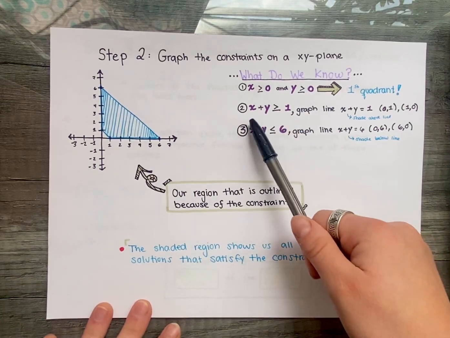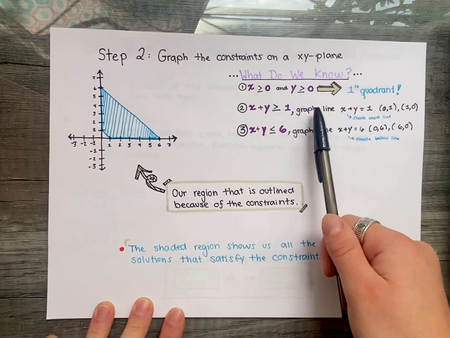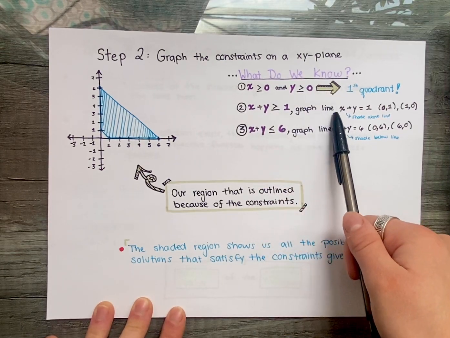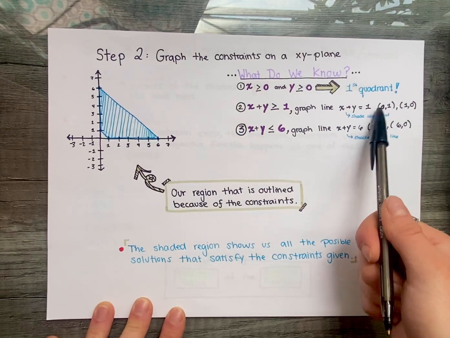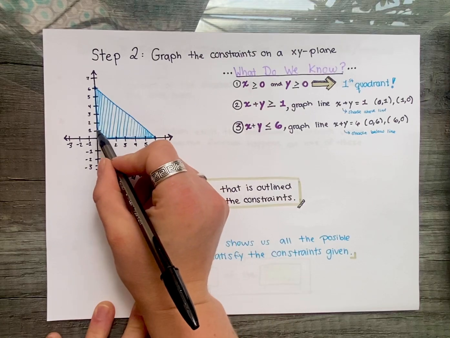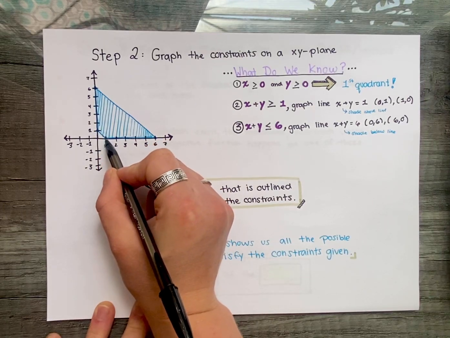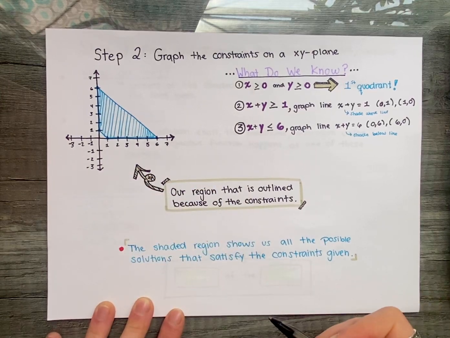Secondly, with the next constraint, we can graph the line x plus y equals 1 with the coordinates 0, 1 and 1, 0. So we go dot, dot, and then we connect. Great.